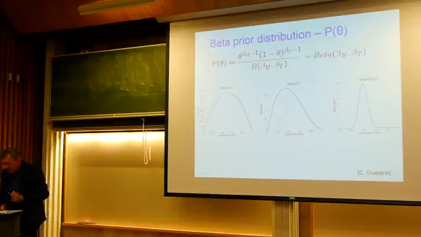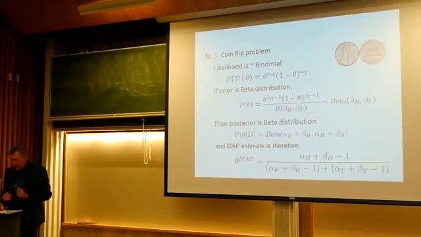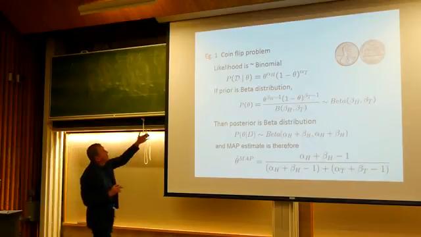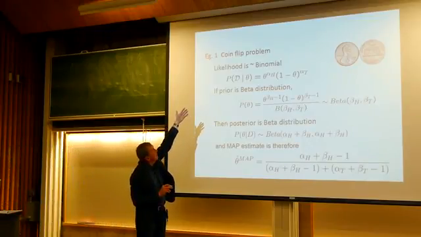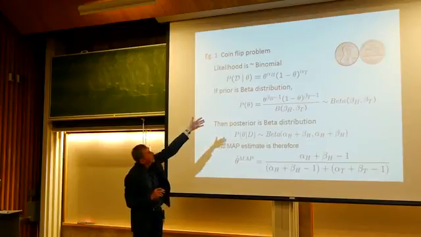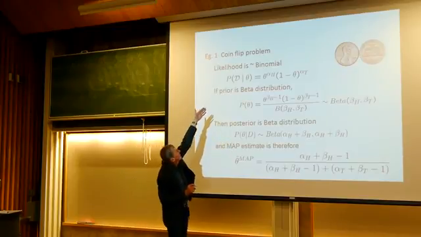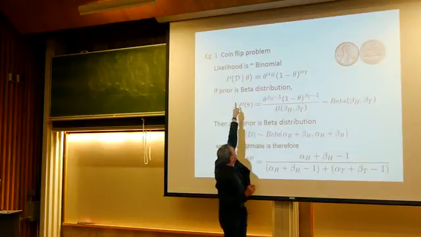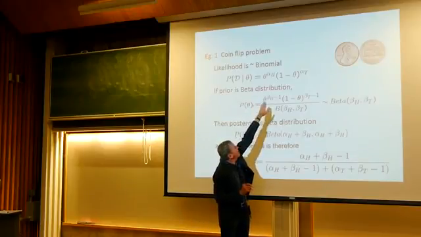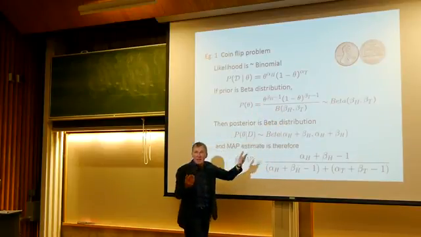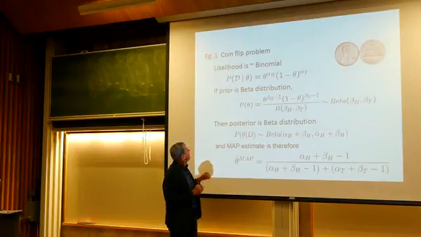And so to look at the big picture, here's the summary picture. We have our coin flip. We say the likelihood, that is the probability of the data given theta, where we observe alpha heads and alpha tails as counts when we flip.